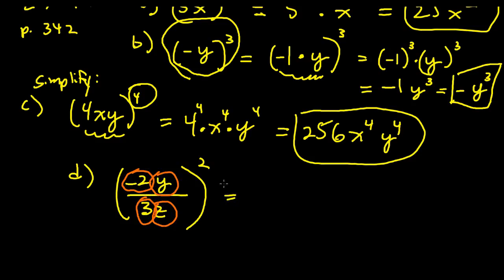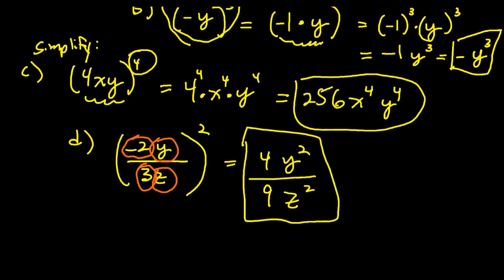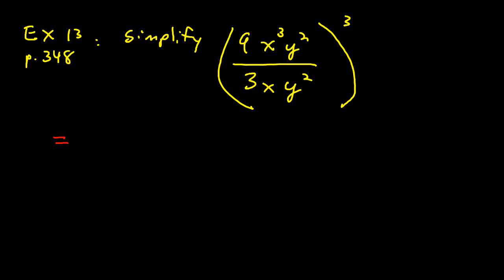So minus 2 squared is positive 4. Y squared is y squared, of course. 3 downstairs, 3 squared is 9 in the denominator. And of course, z in the denominator, z squared, is just z squared. All right, final answer here, 4y squared divided by 9z squared. Let's do another application of the expanded power rule.